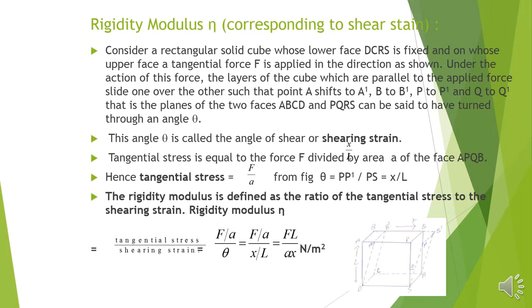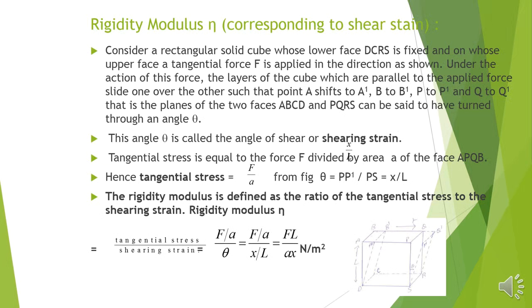This angle theta is called the angle of shear or shearing strain. Tangential stress is equal to the force F divided by area A of the face APQB. Hence, tangential stress is equal to F by A, and from figure theta is equal to X by L.